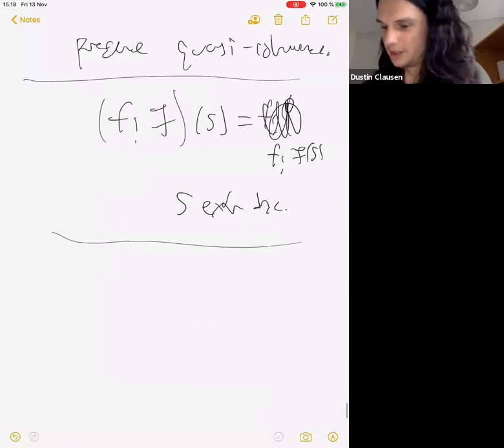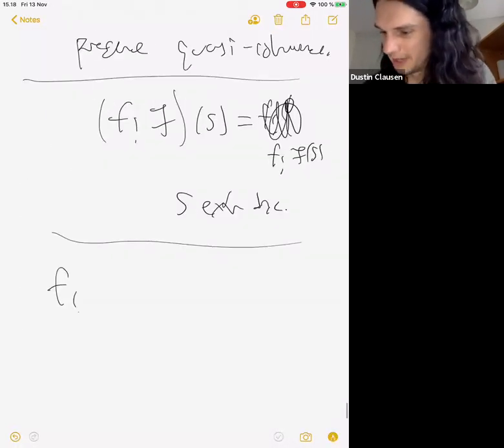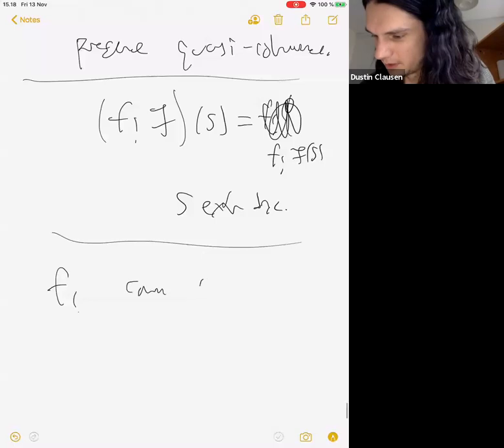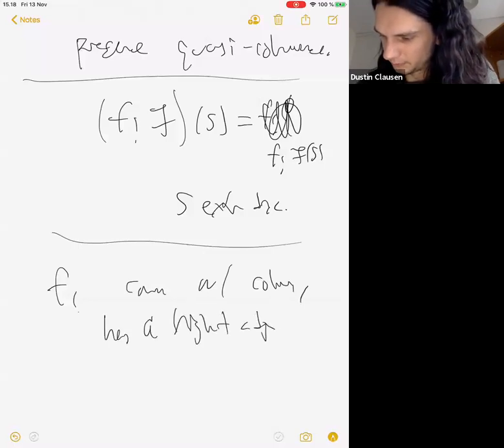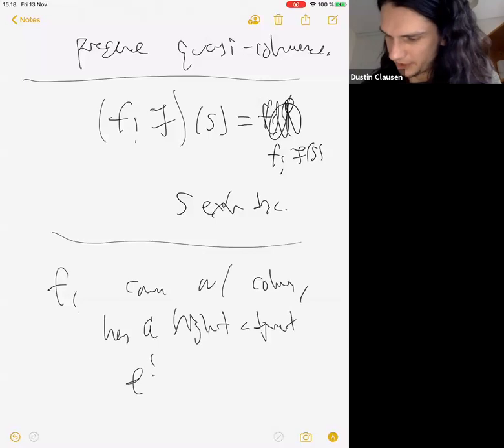So the point is, F lower shriek, by this argument, will commute with colimits, and therefore has a right adjoint, F upper shriek.